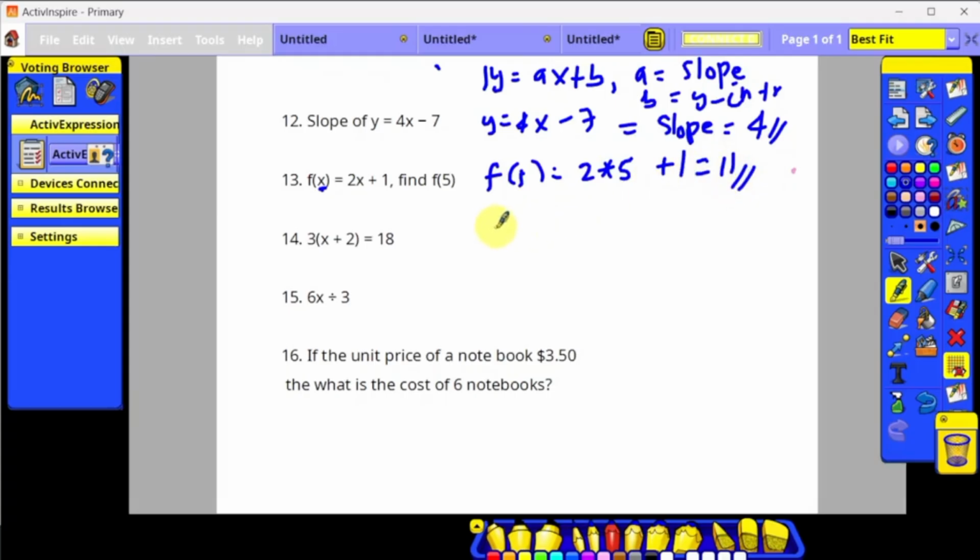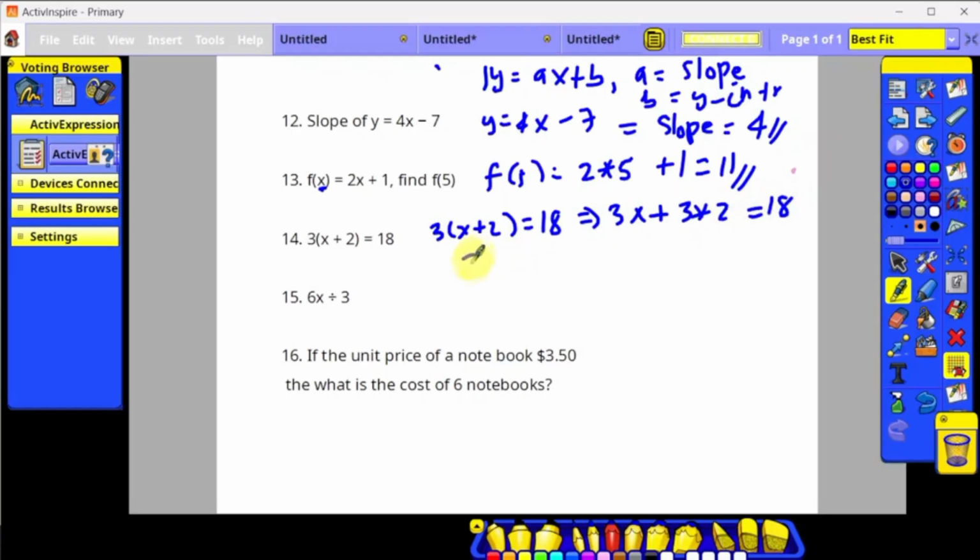The third question says, find the value of x so that 3 times x plus 2 is equal to 18. So you multiply the x plus 2 by 3: 3 times x plus 3 times 2 is equal to 18.